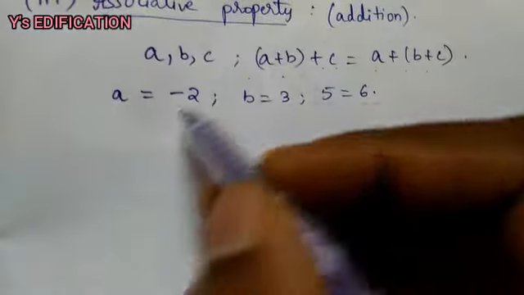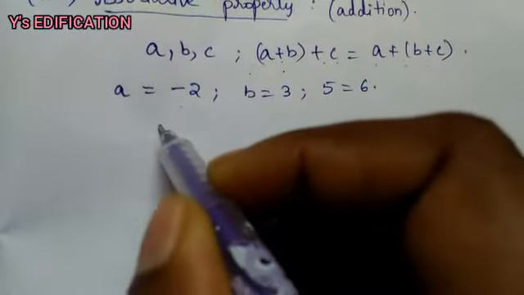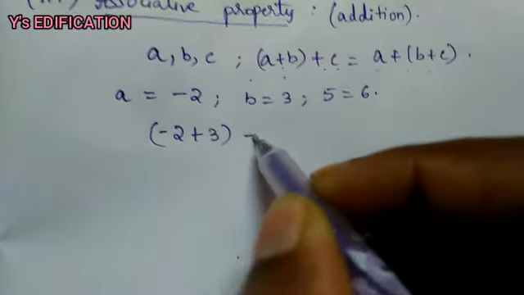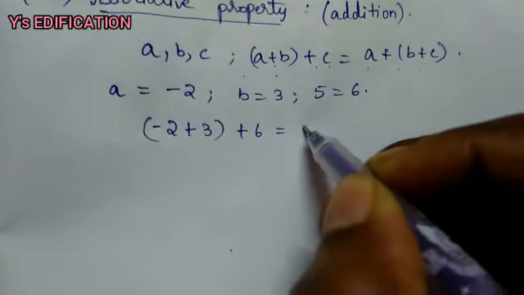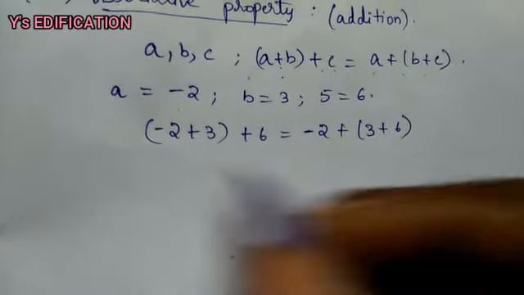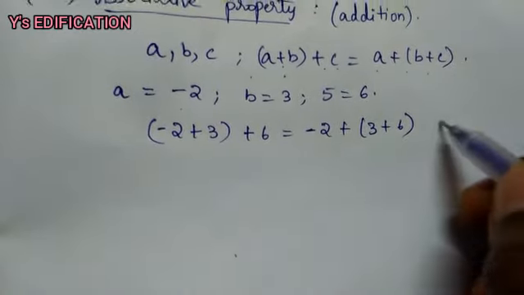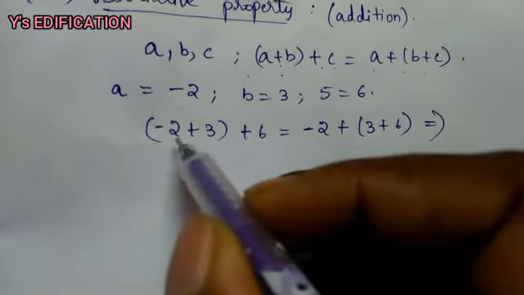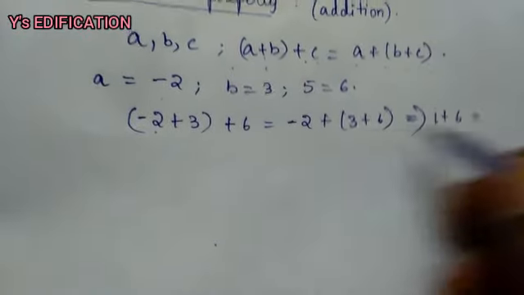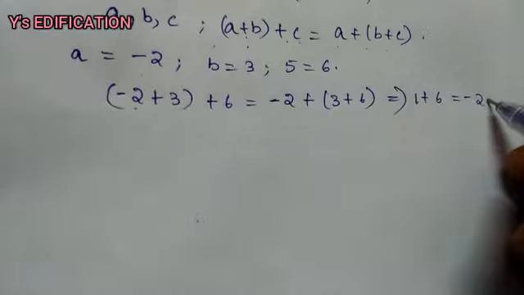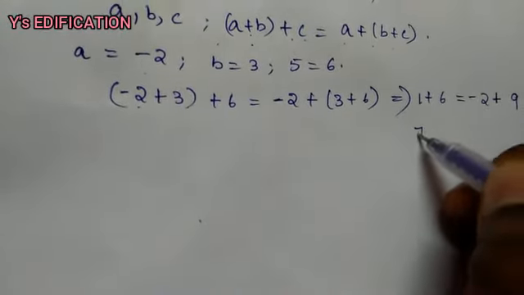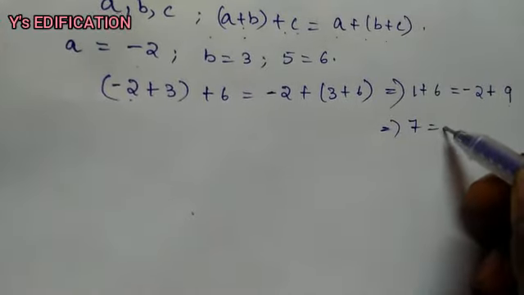First take this one: (minus 2 plus 3) plus 6 is equal to minus 2 plus (3 plus 6). That means 3 minus 2 is 1, plus 6 is 7. And minus 2 plus 9 is also 7.